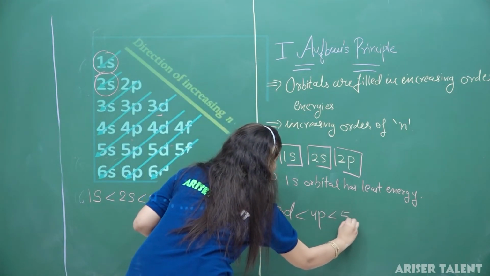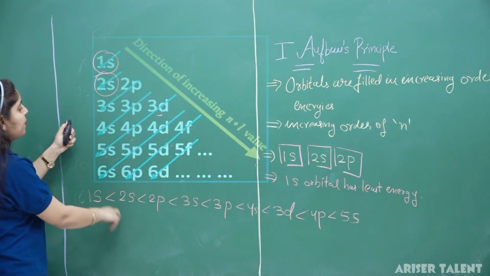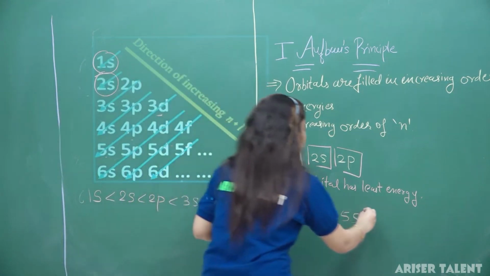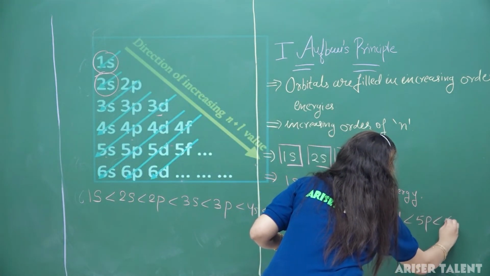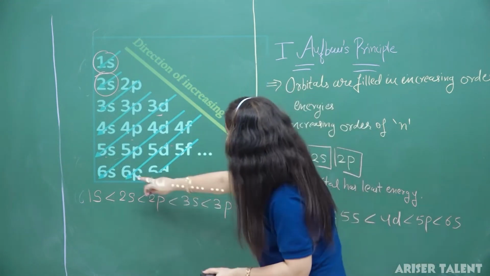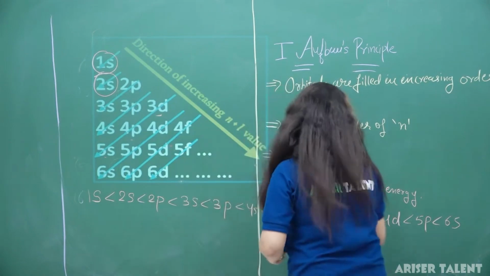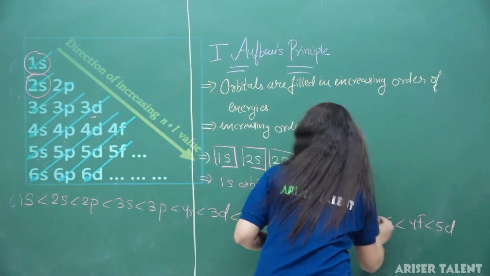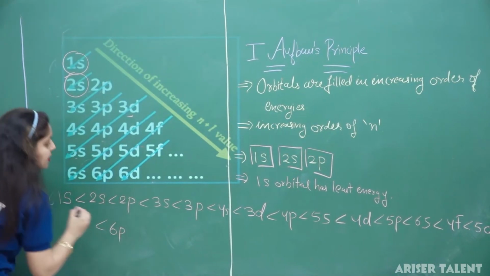After 4p and 5s, we have 4d, 5p and 6s. After filling the 6s orbital, we are with 4f, 5d and 6p. I am writing the sequence here.